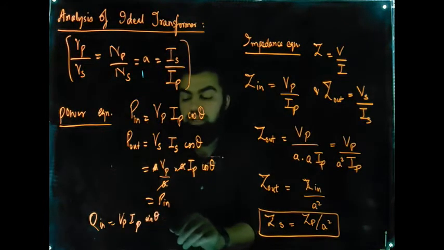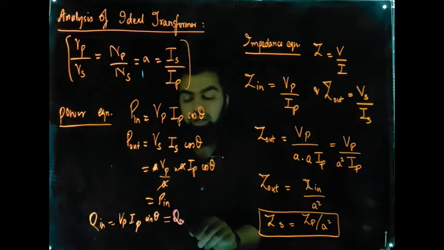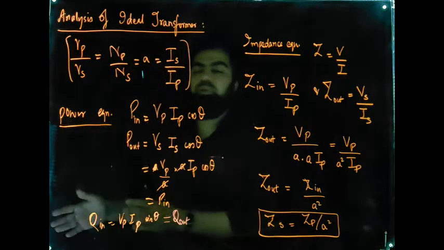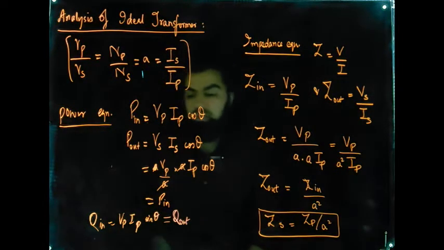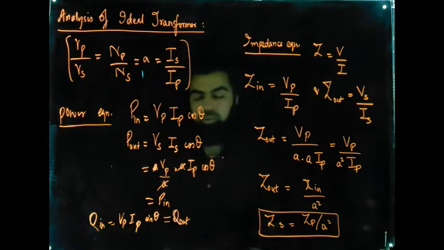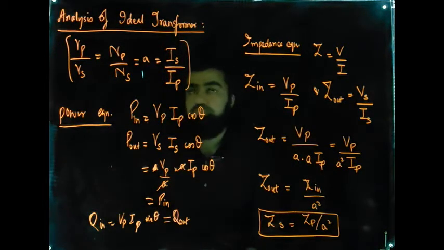So you will see that Q in will be equal to Q out, that is Vp Ip sine theta will be equal to Vs Is sine theta. So if your real power and reactive power on the primary side and the secondary side are the same, therefore your apparent power S will also be the same on the two sides.